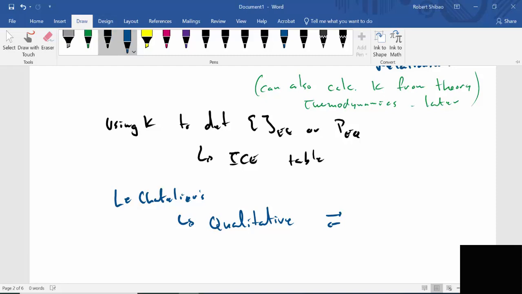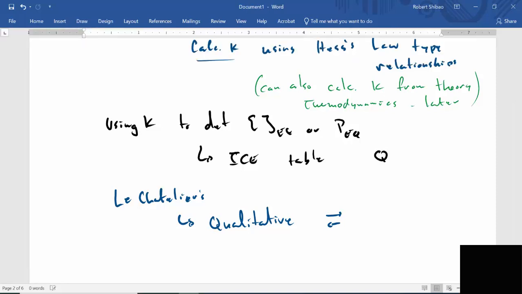Also, I forgot to mention one other thing here. When we do the ICE table, we like to know the Q value. So sometimes we calculate the Q. Do you remember the Q value? Q is the initials.